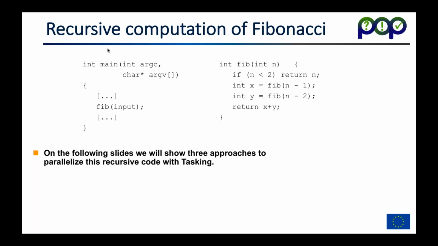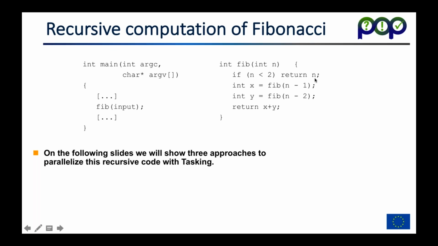I know there are better ways to compute the Fibonacci numbers, but I'm more interested in parallelizing this recursive algorithm pattern, which I think is very similar also to parallelizing a tree search, graph search and other approaches. So here I'm calling Fibonacci with a given input, and then I have my Fibonacci implementation.